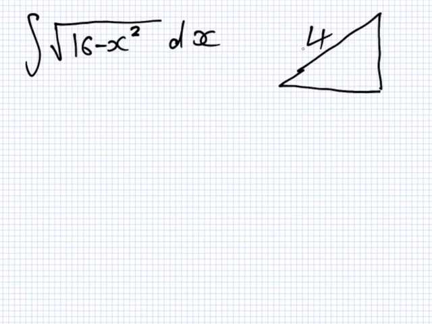Now let me think. We have to call one of these x. So if I call that one x, then this one would be the root, and the root here would be cos. Do I want cos theta?